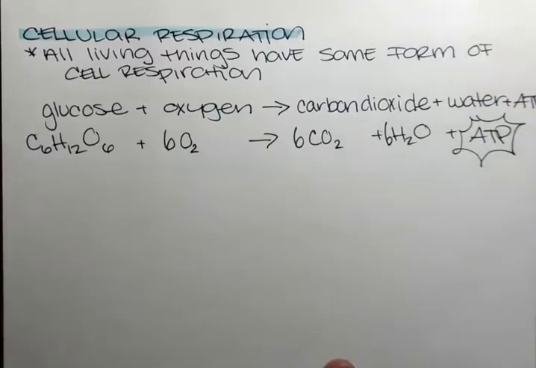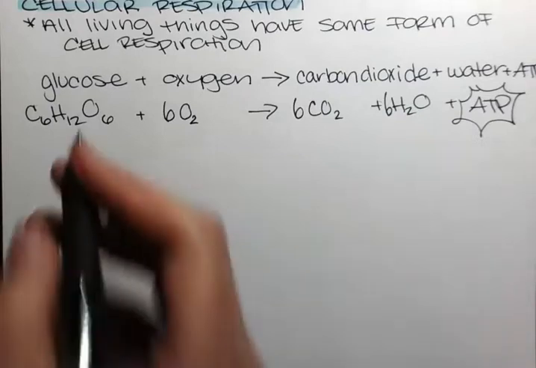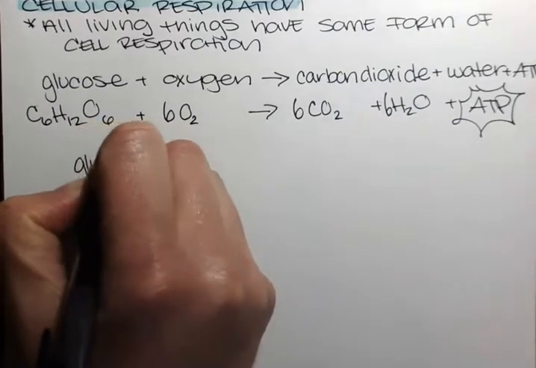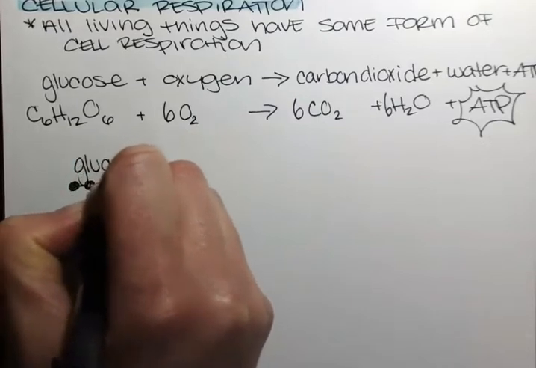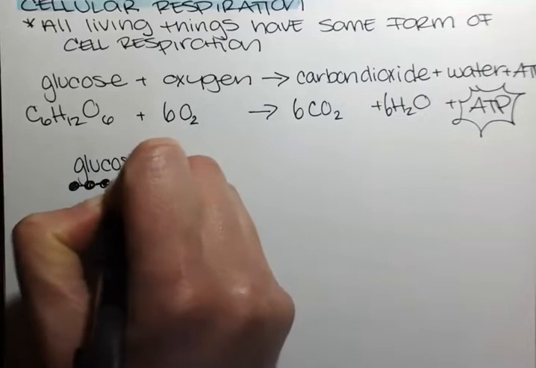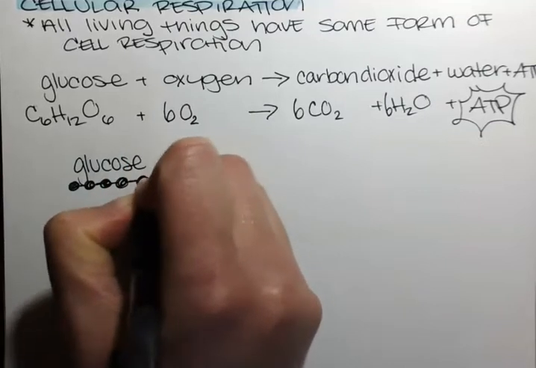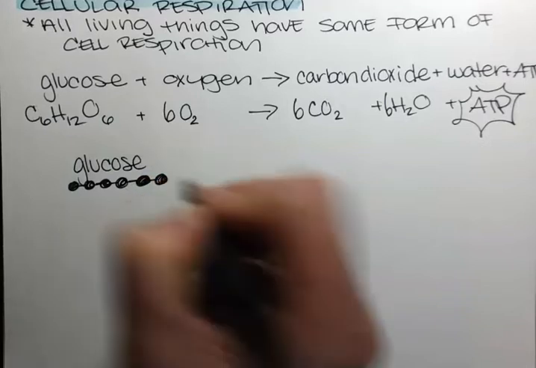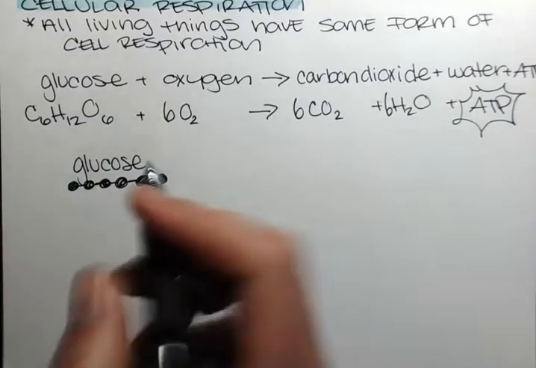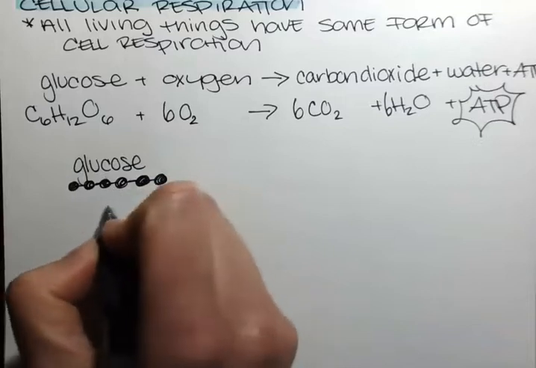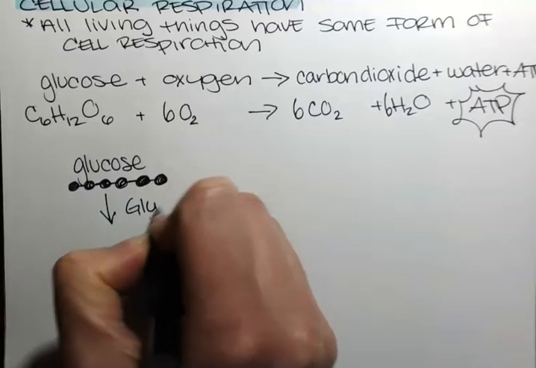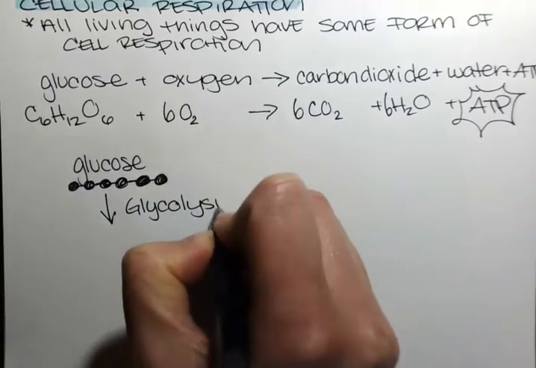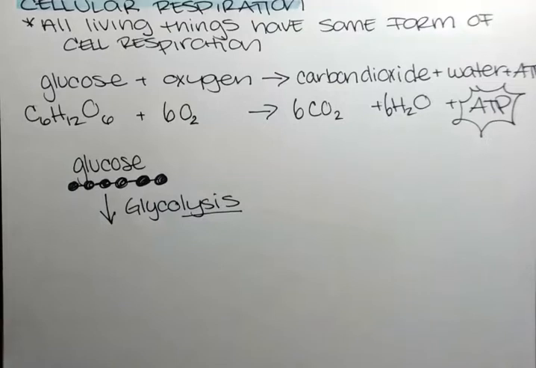So let's take a little bit of a closer look at that, right? So we're going to start off with glucose, which is essentially a 6-carbon sugar. And those little circles are going to represent your carbons. The first step of this process is something called glycolysis. You might remember that term lysis is to break down.